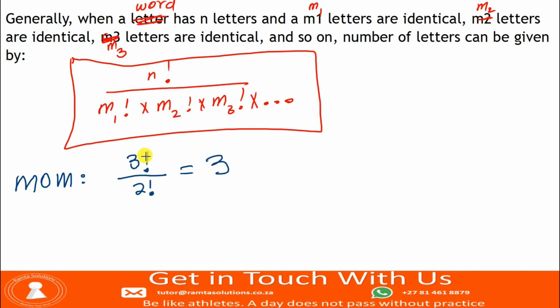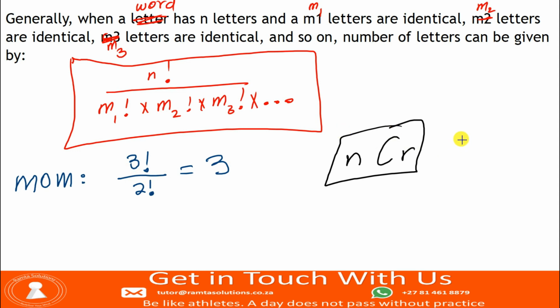Now, when you have one letter that's repeating, on your calculator, you can choose nCr. So you will say the word has 3 letters.